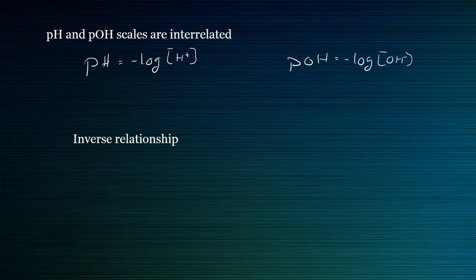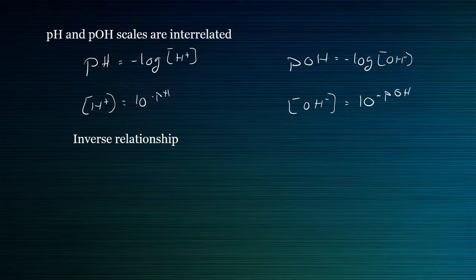No different. If you're looking for your hydrogen ion concentration, it's 10 to the negative pH. Well, if you want to know your hydroxide ion concentration, it's going to be 10 to the negative pOH. So the calculations are the same. We're just looking either at hydrogen ion concentrations or hydroxide ion concentrations.